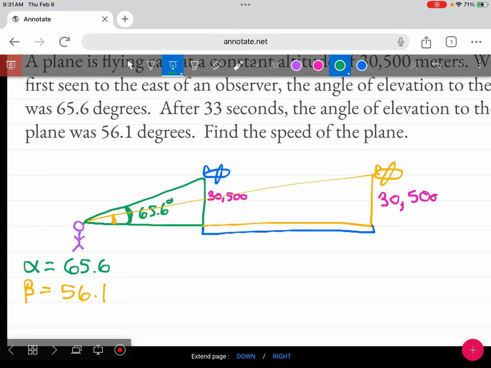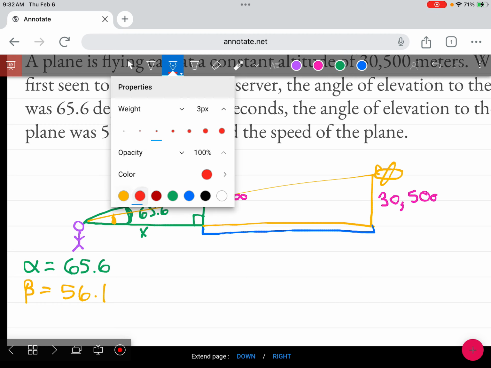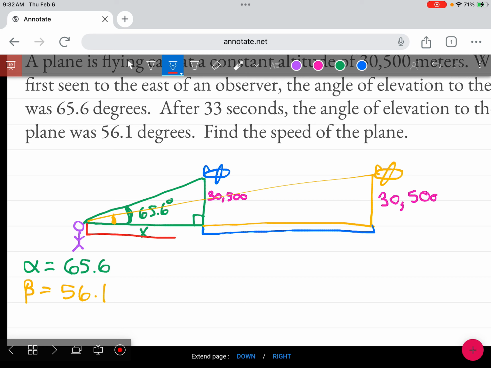So we need to figure out this distance here on the green triangle with our 65.6 degree angle. And we need to figure out the distance on the yellow triangle from over here so we can figure out how it's changing. So x, and I'm gonna call this one C for change.